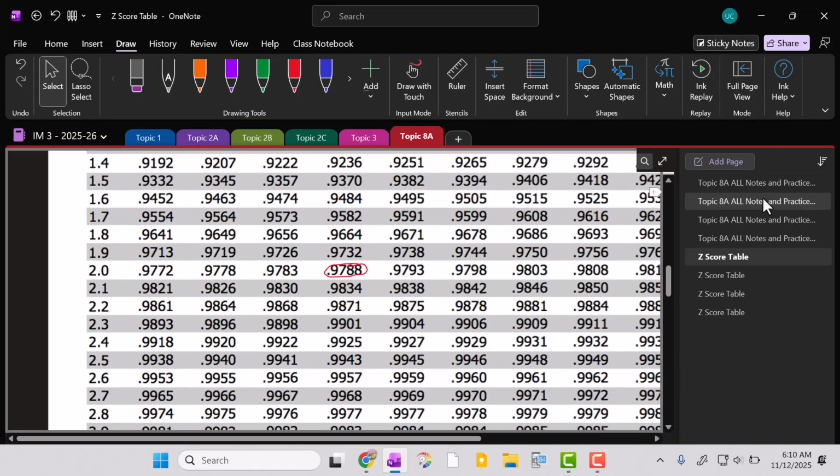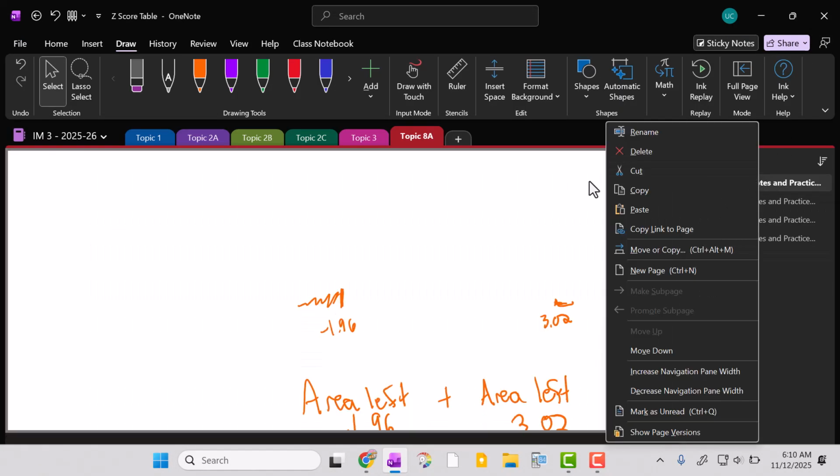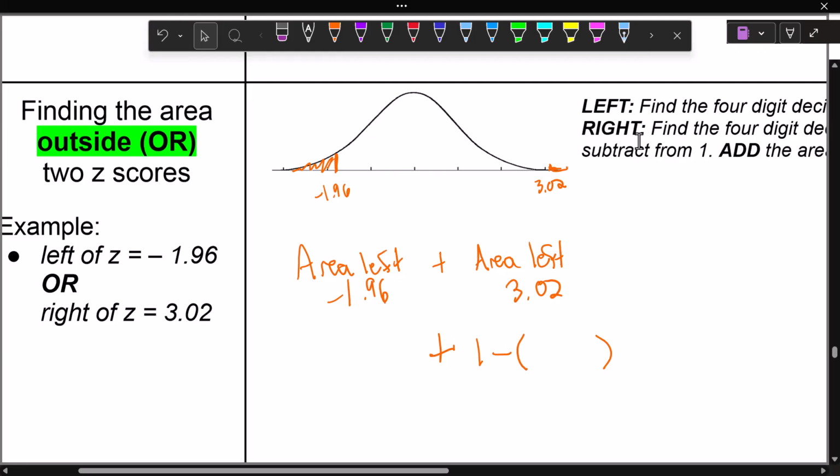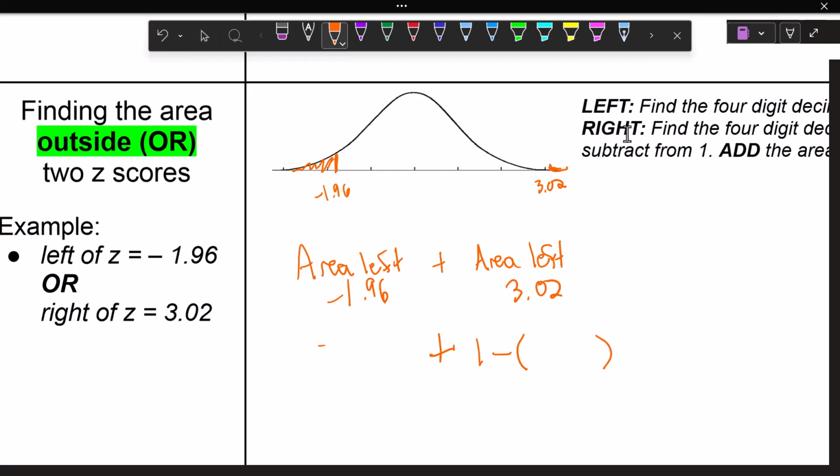But we want the opposite of that. So the area to the left at negative 1.96 was 0.0250. The area to the right of 3.02 is 1 minus the area to the left, which we saw was 0.9987.